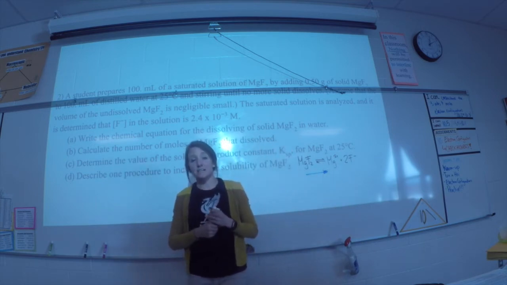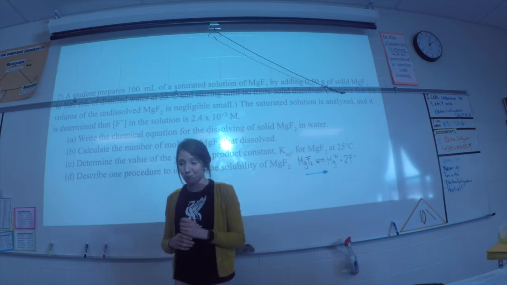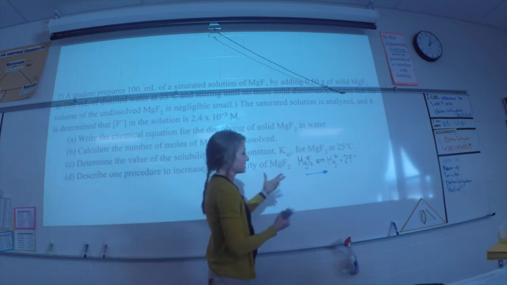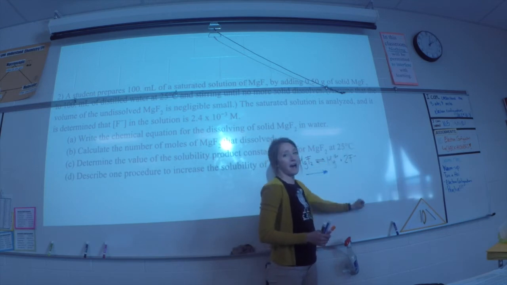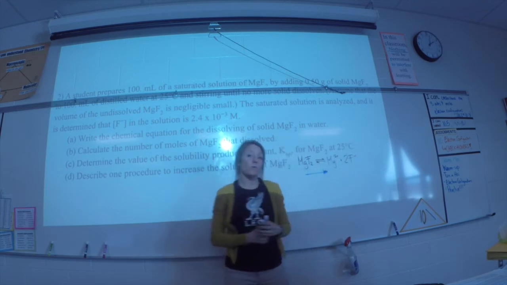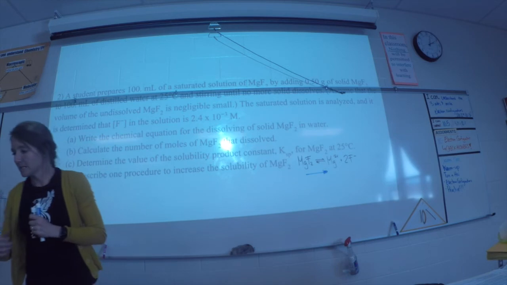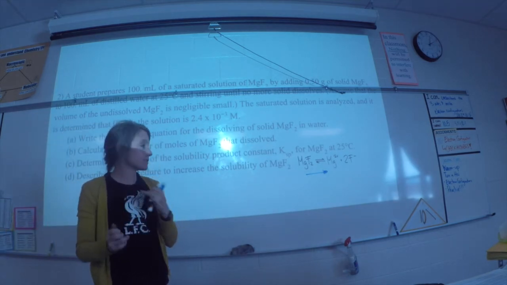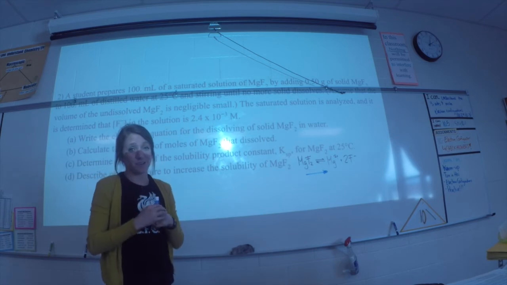On the same note, if I make it an acidic solution, so if I add H+, that will also cause it to dissolve, because that's a way in which this would be pulled out, and so then it would shift more in that direction. That one was worth just 1 point, so pretty much you got it right or you got it wrong.